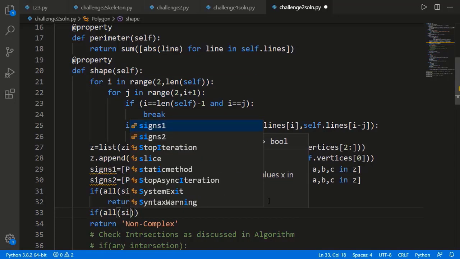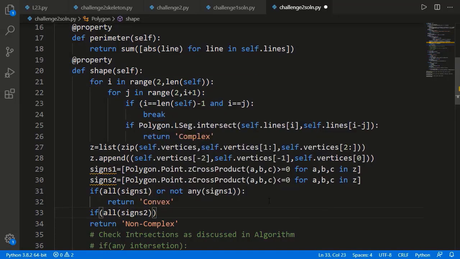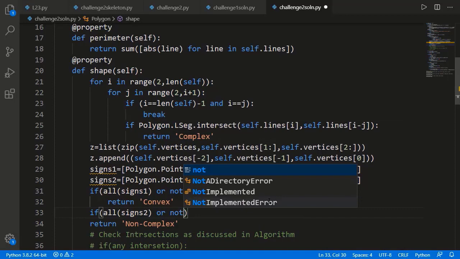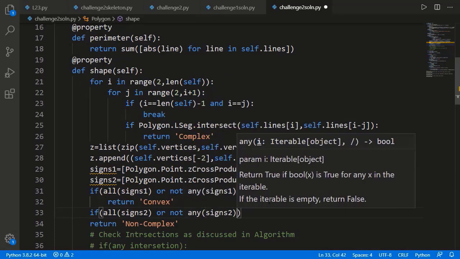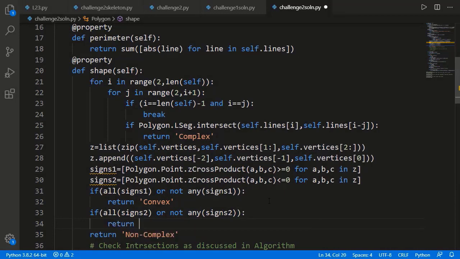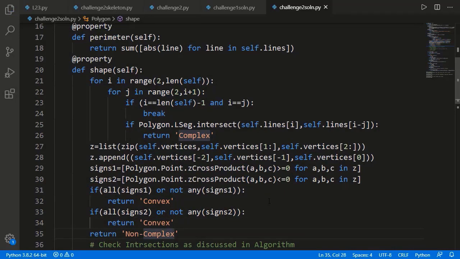Similarly, we should have checked for the sign2 list and the polygon will be convex. If a polygon is not complex and not convex, it will be a concave one.